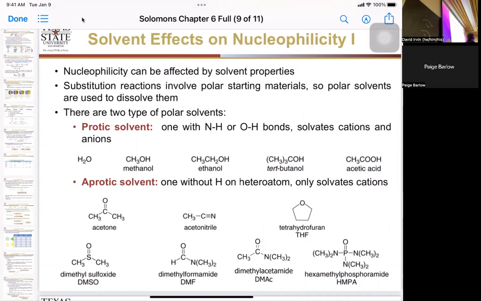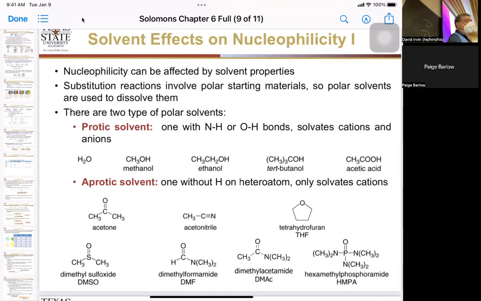Most important ones are acetone; THF, or tetrahydrofuran, a really good solvent for a lot of reactions; and DMSO, dimethyl sulfoxide, a high boiling one, the sulfur analog of acetone. Then we have 2 amides here, DMF and DMAC, or dimethylformamide. If you think about it, these are carbonyl analogs, so we have a lot of carbonyl analogs that act as aprotic solvents. No hydrogen on a heteroatom of oxygen or nitrogen.